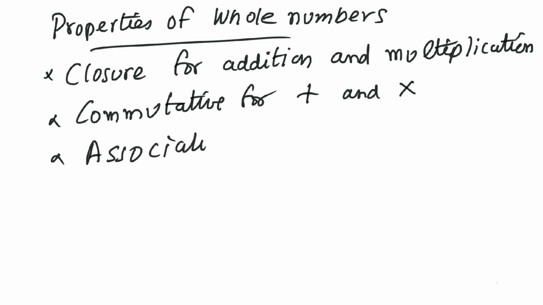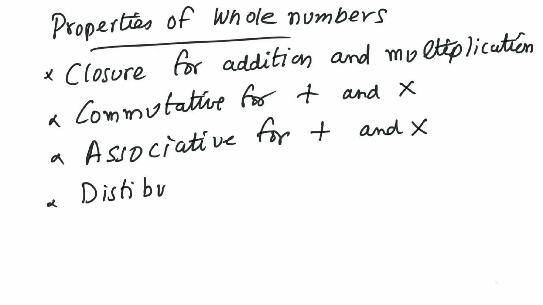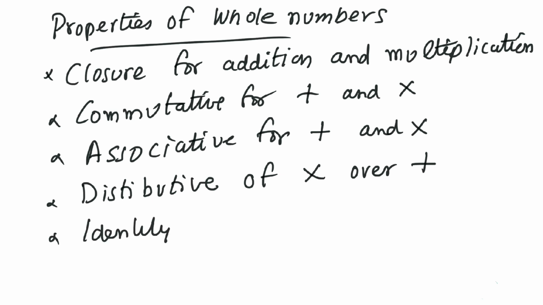So please don't forget to watch the first video dealing with natural or counting numbers. So closure property for addition and multiplication. Commutative property works for multiplication and addition. Quite the same for the associative property, which also works for multiplication and addition.